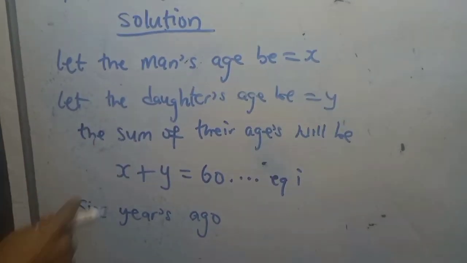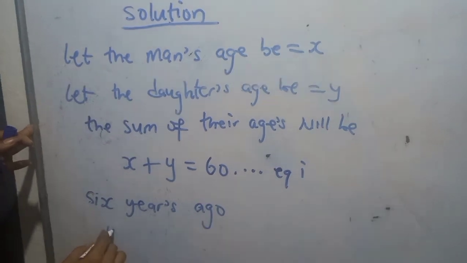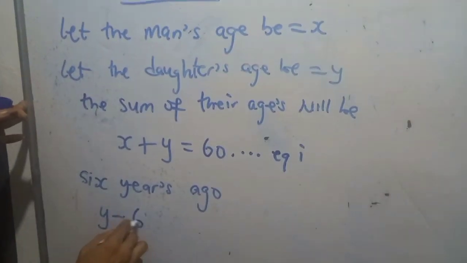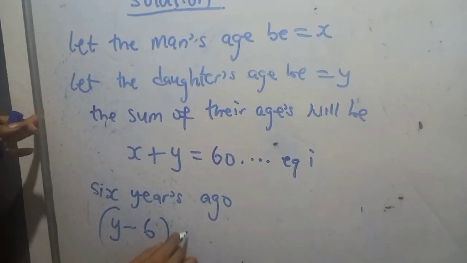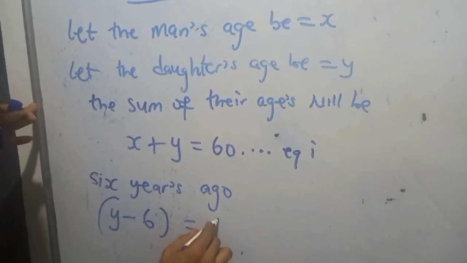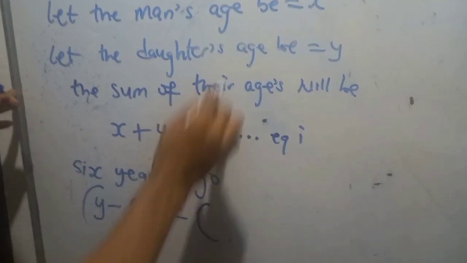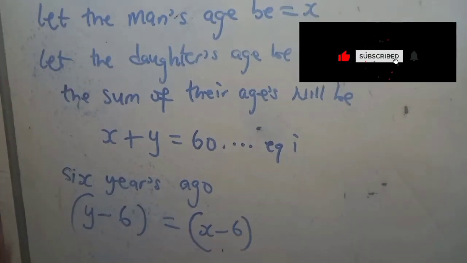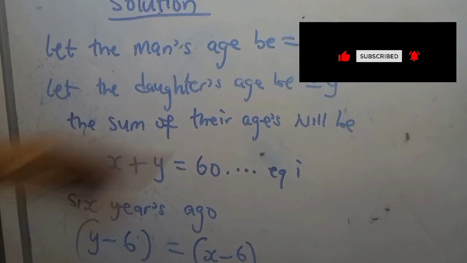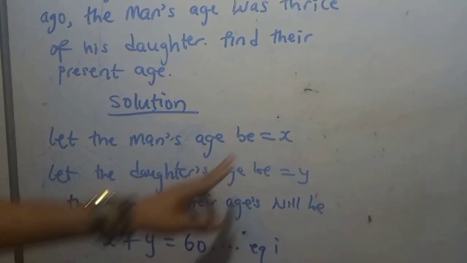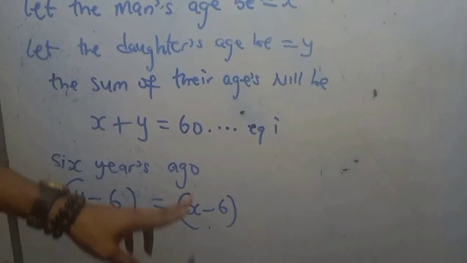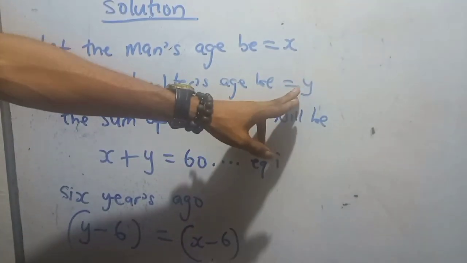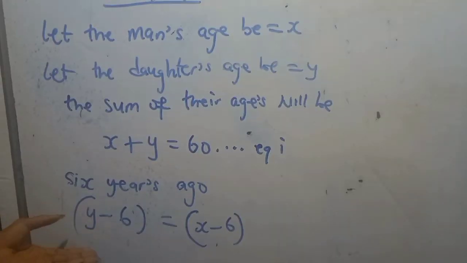So the daughter's age, Y, becomes Y minus 6, and the man's age becomes X minus 6.